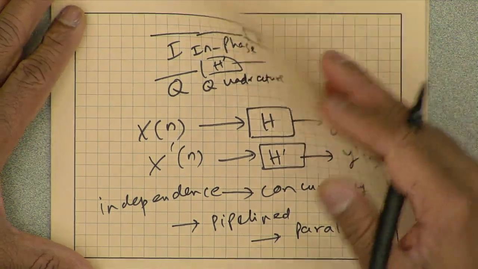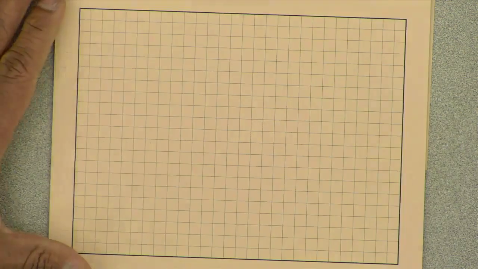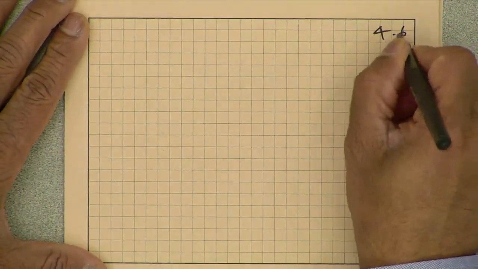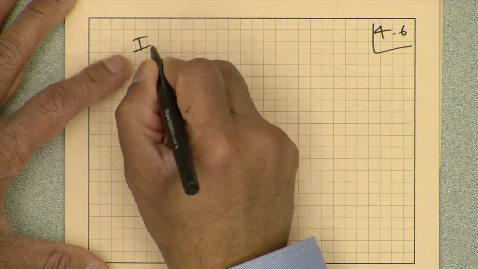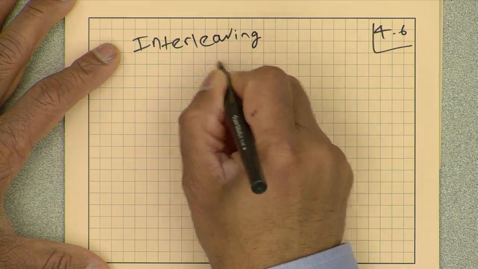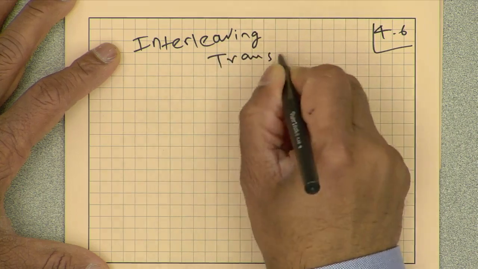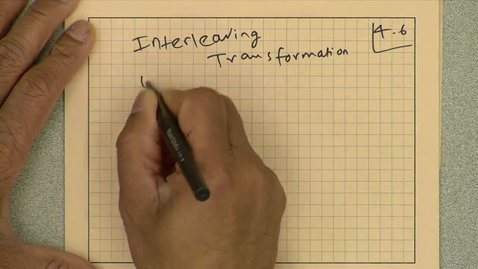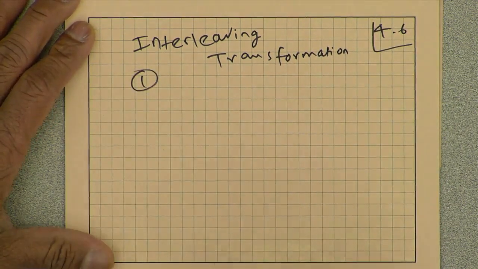So the so-called interleaving transformation, which is similar to pipelining but slightly different, basically consists of two steps.